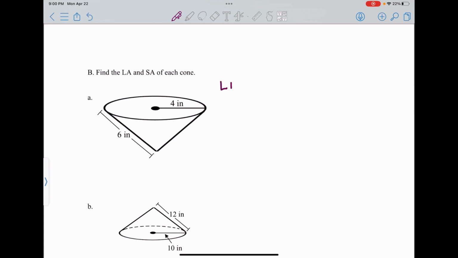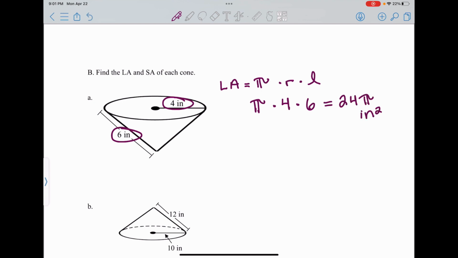To find lateral area, I'm going to multiply pi times the radius times the slant height. My radius is 4 and my slant height is 6. So this will look like pi times 4 times 6, which will give me 24 pi inches squared.